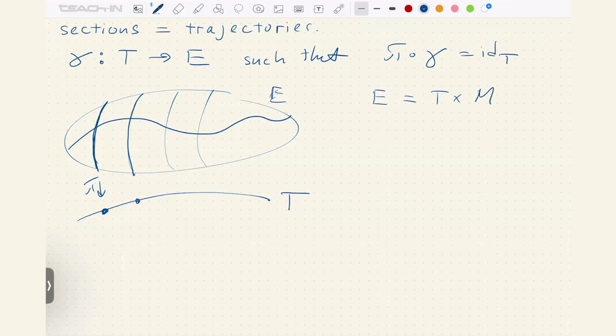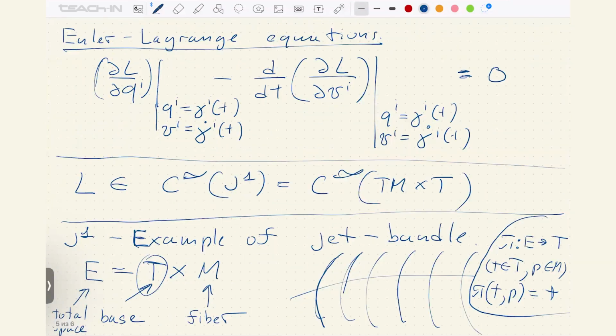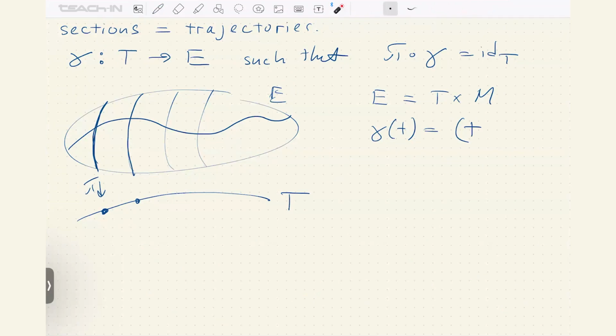And of course, in our setup, recall that E is just T times M in our simplified setup. To specify gamma, it's enough to say that gamma of t is going to give us the following pair. It's the same t for the first factor, because remember, points of E are pairs, a point of T and a point of M. So here it's enough to say that gamma of t is t.